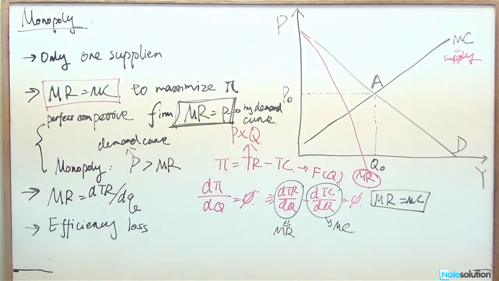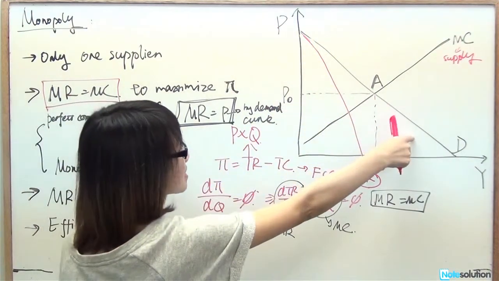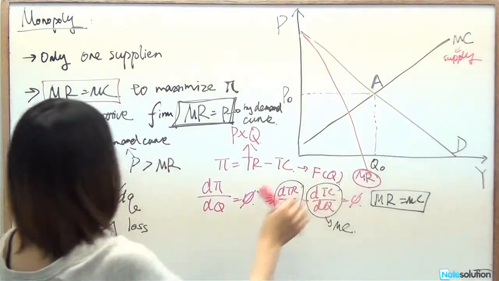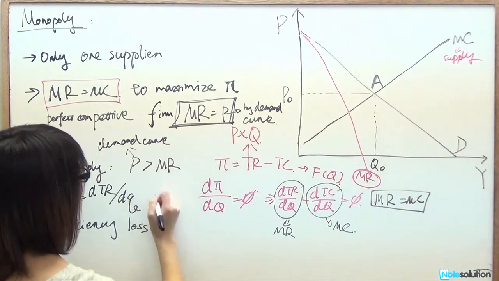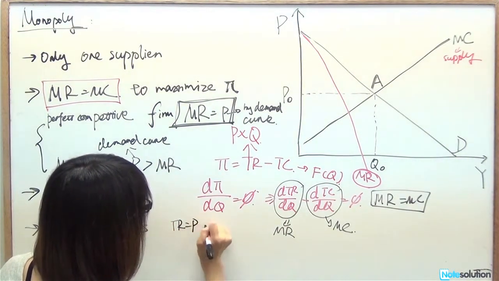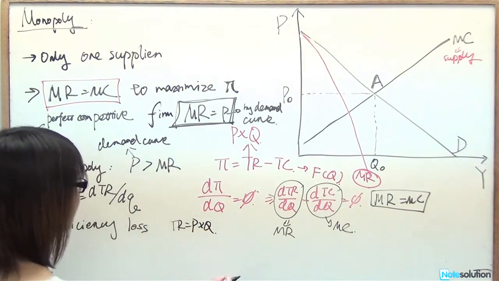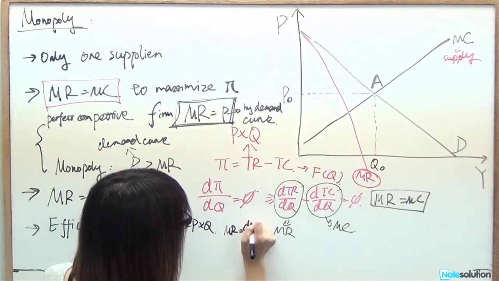For the marginal revenue, the slope of the marginal revenue will be twice as large as that of the demand curve. So let's see why the slope is twice as large as the demand curve. We know the total revenue is equal to P multiplied by Q, and marginal revenue is equal to dTR over dQ.